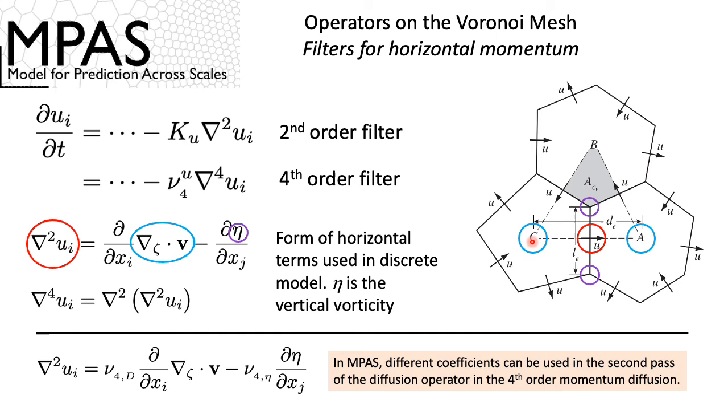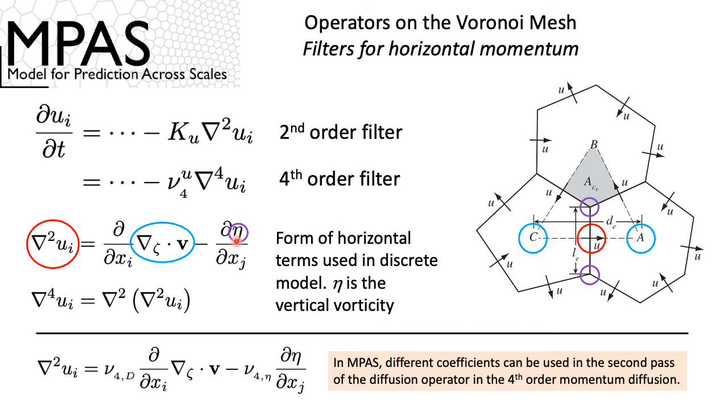So it's defined at the cell centers, and that's where we want it, because we take the derivative of that divergence in the direction of the velocity. So here that is, divergence at A minus divergence at C to get this term for the Laplacian for this velocity in the red circle, this velocity at this cell face.